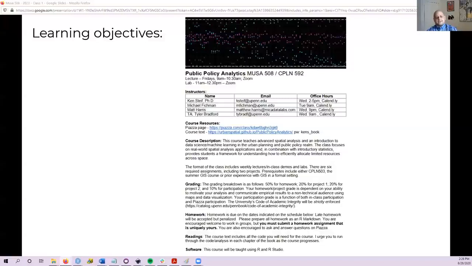Prerequisites for this class: either the Introduction to Vector GIS, CPLN 503, which is also taught in the fall, so first-year planners, you would have taken that last fall. Or the Summer GIS course that was accessible to many folks in Weitzman and beyond this summer. Thank you to Michael Fichman for leading that effort. That is a prerequisite, or really if you've had formal GIS in any other setting, an undergraduate, I think that's fine.